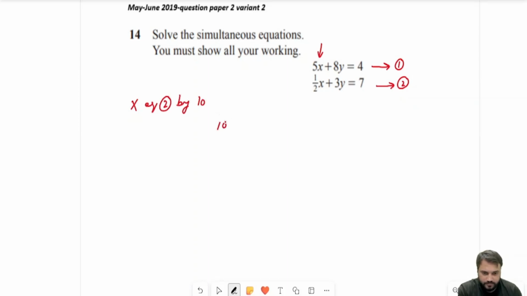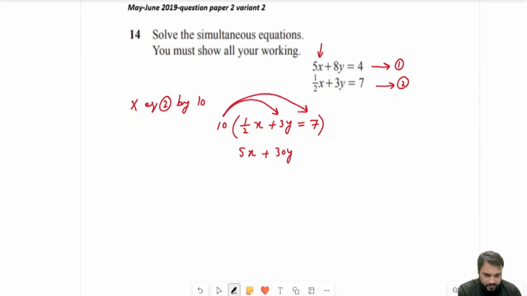That is 10 into 1 over 2x plus 3y is equal to 7. 10 multiplied by 1 over 2 is 5x. 10 multiplied by 3 is 30y. And 10 multiplied by 7 is 70.